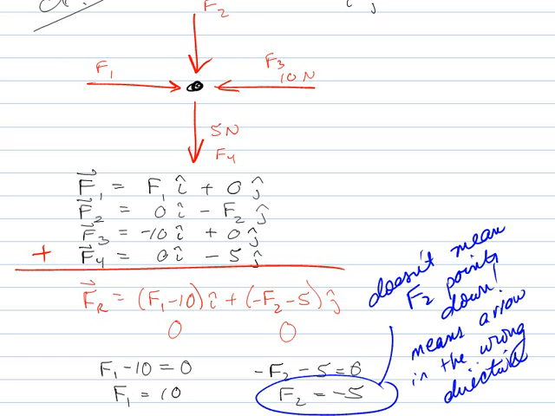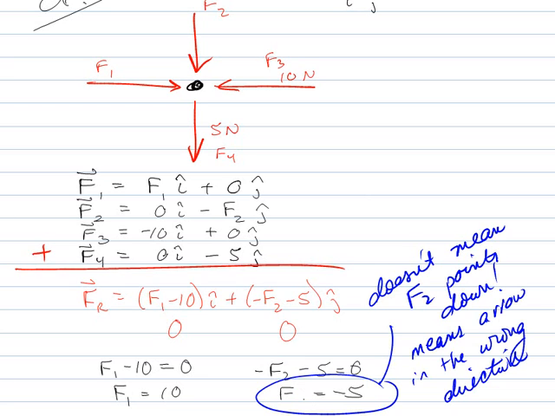So if F2 equals negative 5, that just means, quite literally, my F2 is going down and it should be going up. Now if you just glance at this, you can say, yeah, clearly, because if this is going to be in equilibrium, then if one guy's pulling down, the other guy needs to be pulling up. Well, whoever drew this picture, well, me, didn't apparently know this. And so I drew my arrow going the wrong direction, so that means it's negative 5 down.